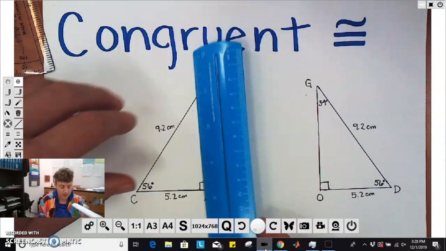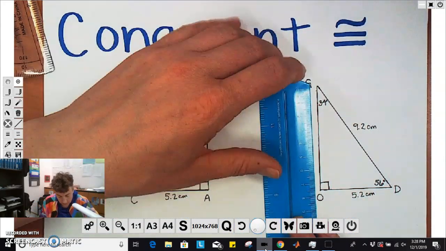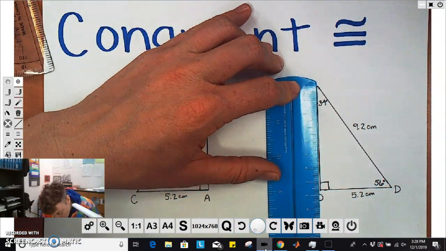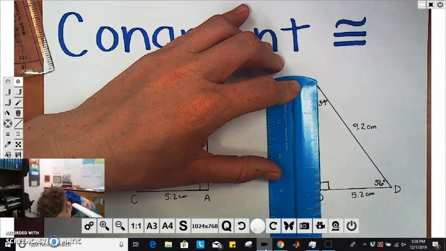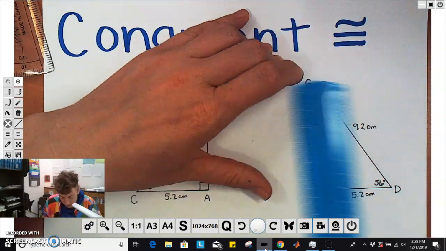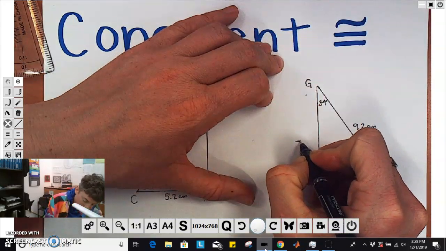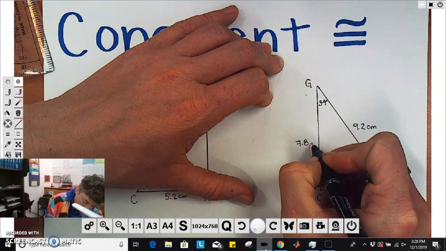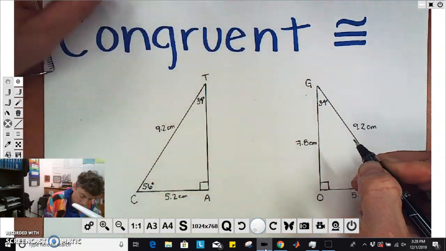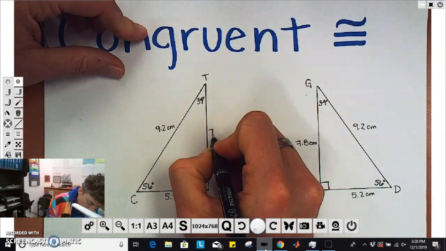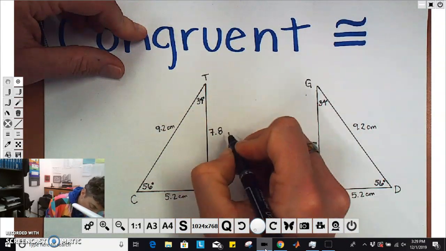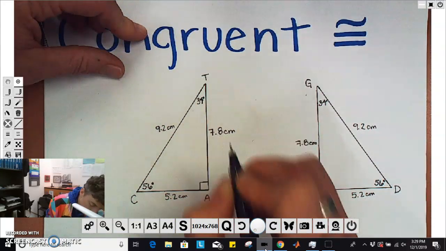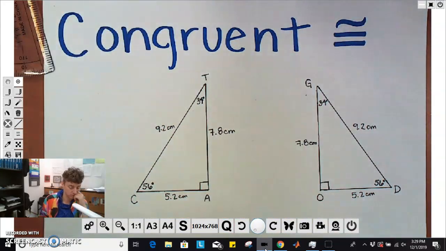And finally, G-O, spells go, is 7.8 centimeters. So that means this one, its corresponding part, is 7.8 centimeters.